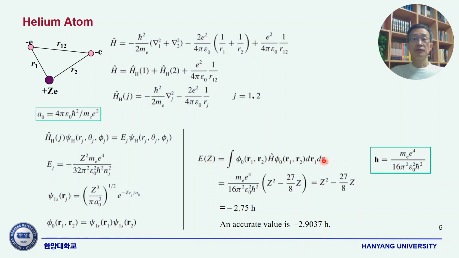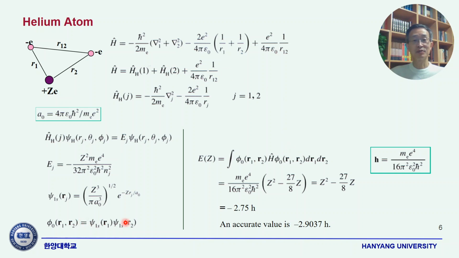And if you compute this carefully, you can expand it as a product of psi 1s(R1), psi 1s(R2). This total operator operates on psi 1, psi 2.